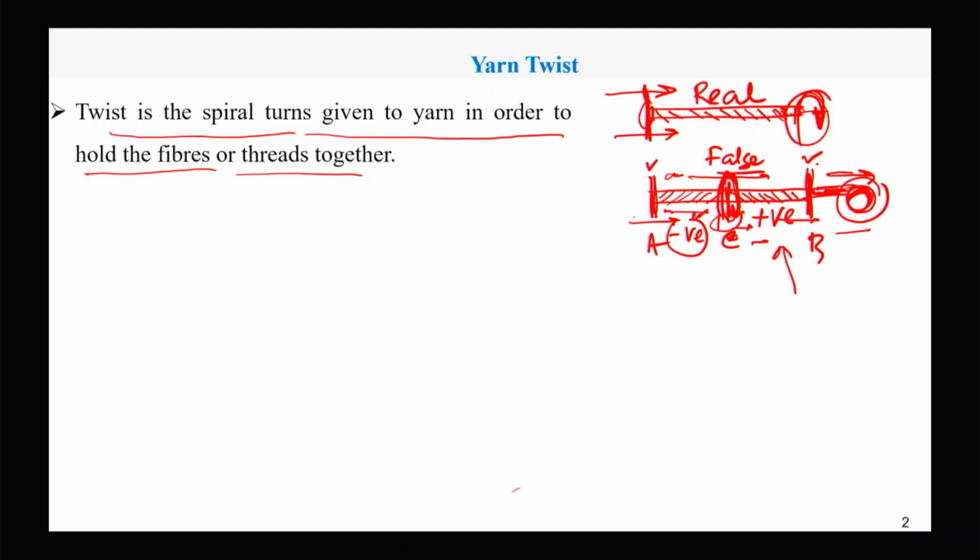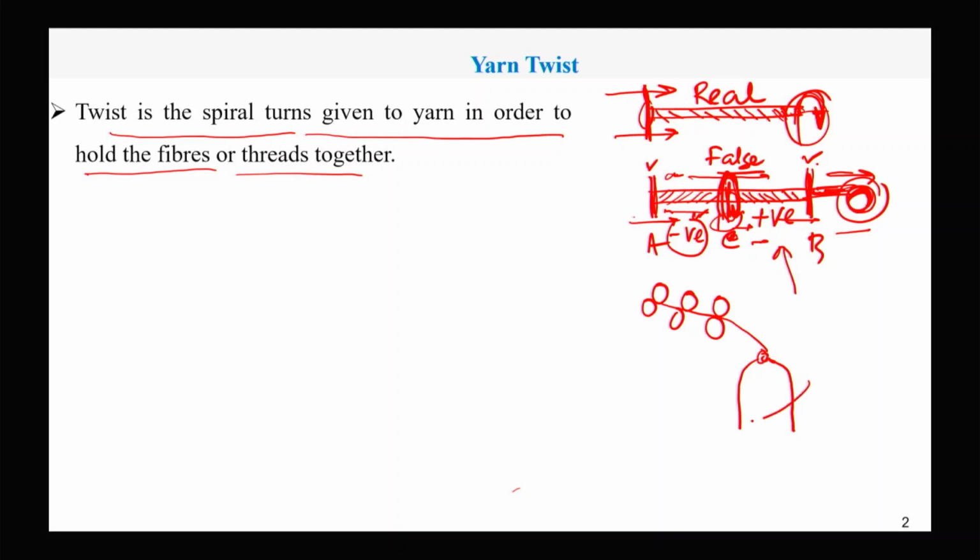So if I draw the roving frame, these are the drafting rollers, and after drafting here this is the flyer and the drafted strand is coming.